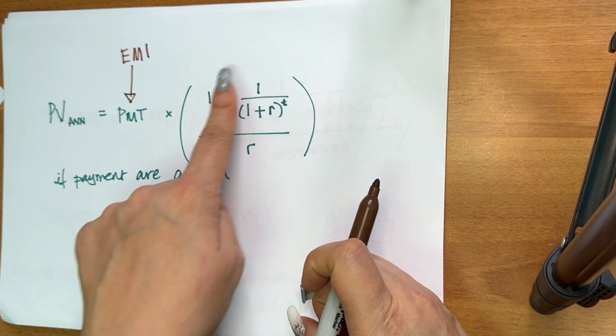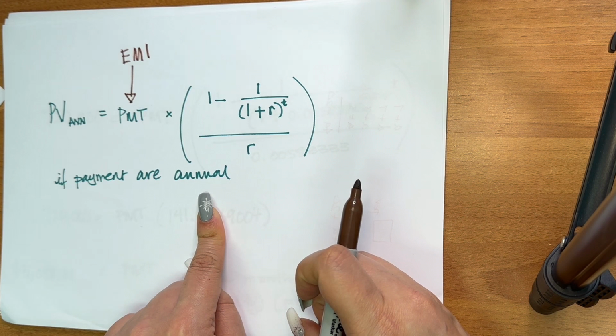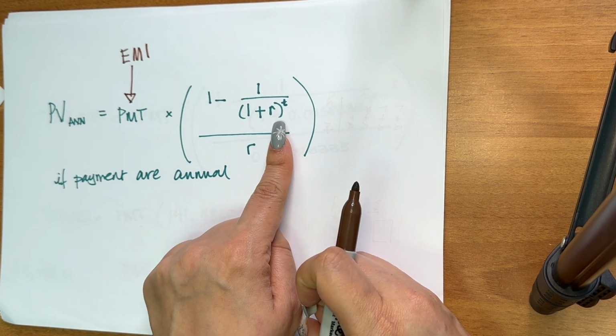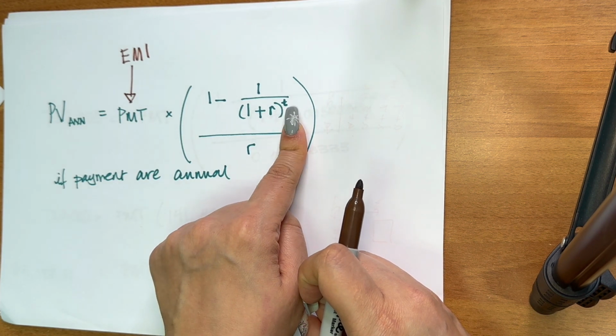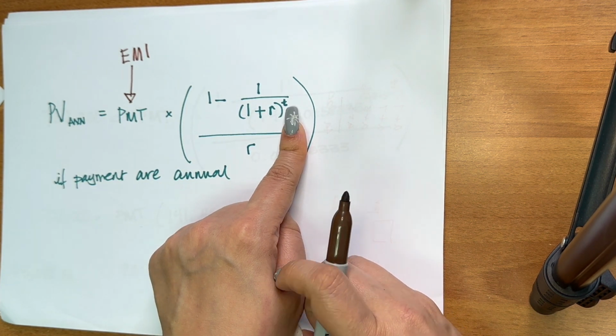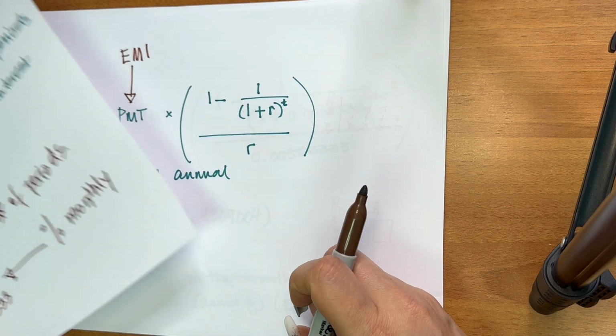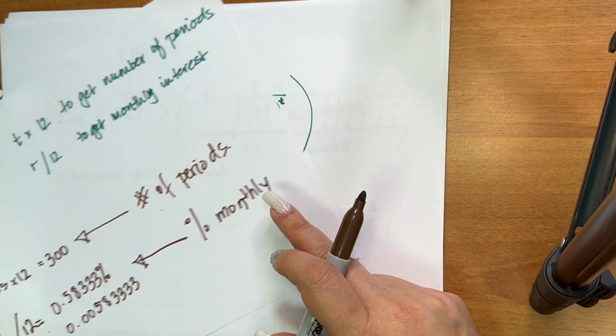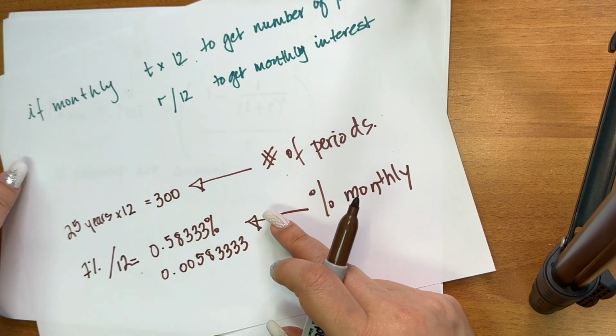This is if the payments are annual. If they're monthly, then like I said, the R I have to divide by 12 and the T multiplied by 12. However, since I did calculate them here, I can straight away put these numbers into the formula.